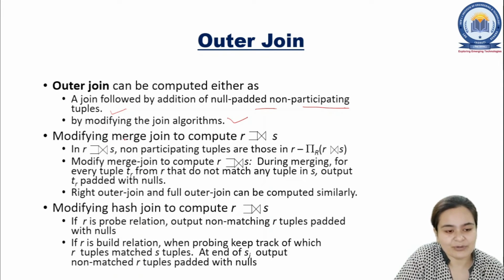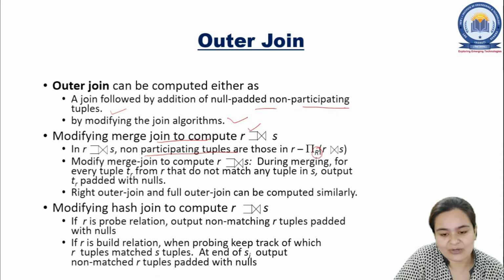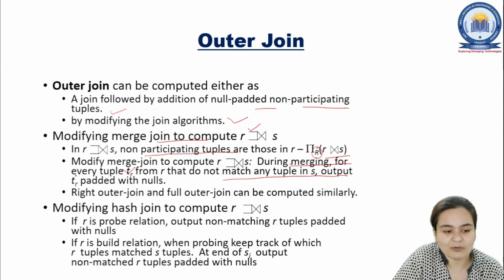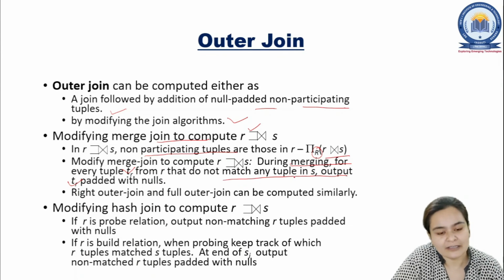So what we have to do in modifying the merge join to compute the left outer join is this: suppose we have a non-participating tuple, those are in R minus the join, which we have to select as the values of R. So during the merging, for each tuple tR from R that does not match any tuple in S, we have to output this tR and pad it with null values.